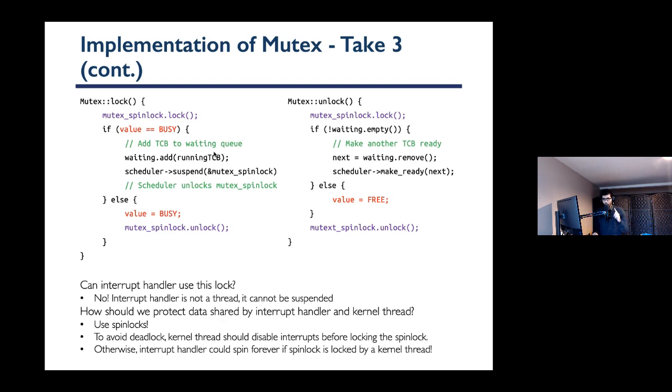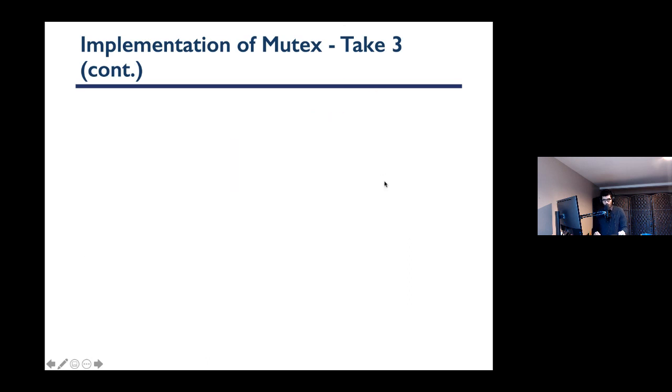Now, let me give you one example of such a spin lock that is shared between threads and the interrupt handler, or could be. This one is an example with the scheduler. If you remember, the scheduler also has a spin lock for its state.